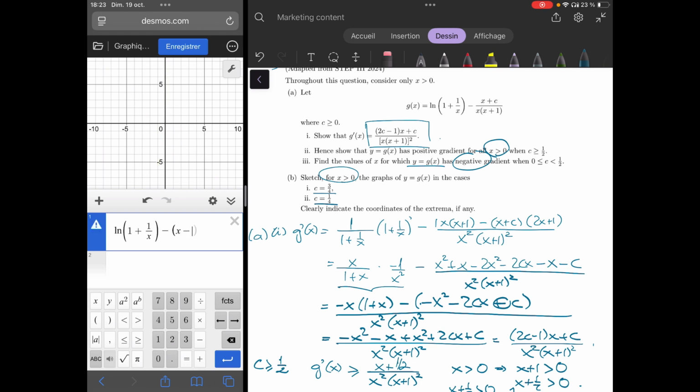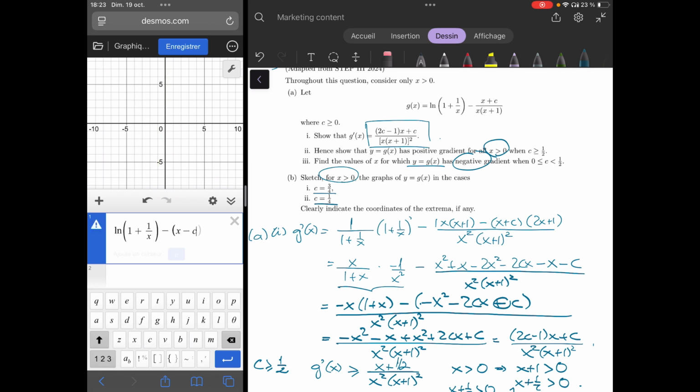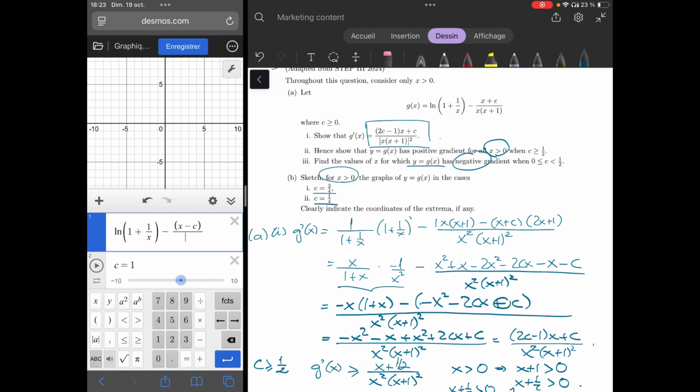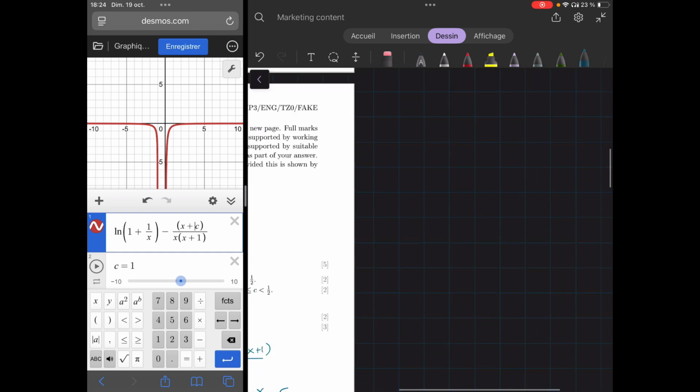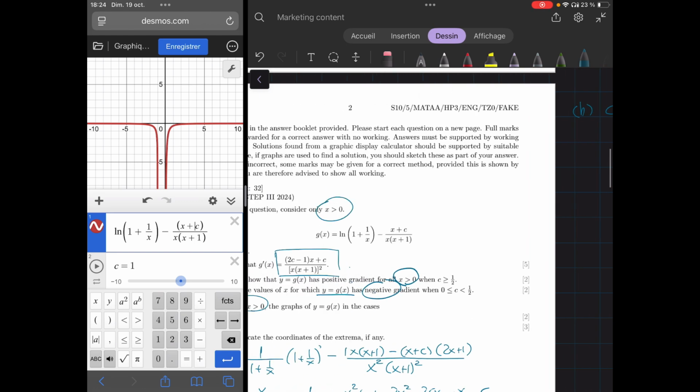So for c equals 3/4, we are only interested in the part where x is positive.